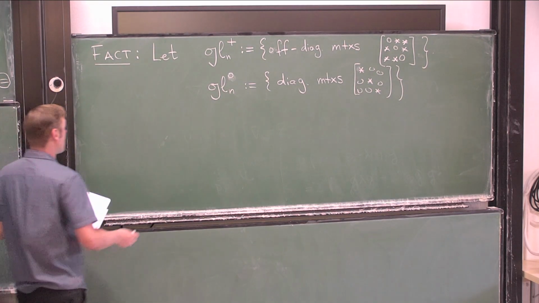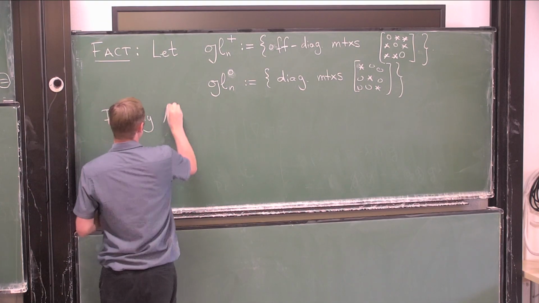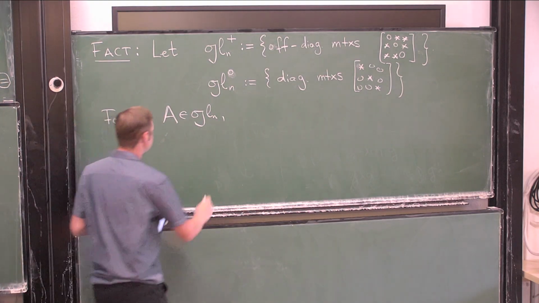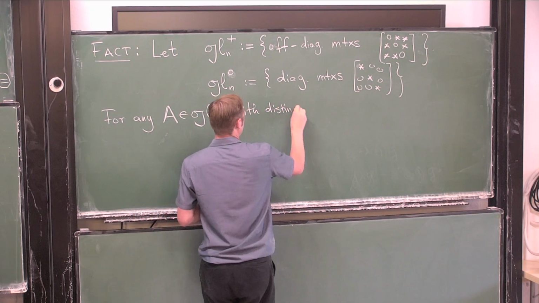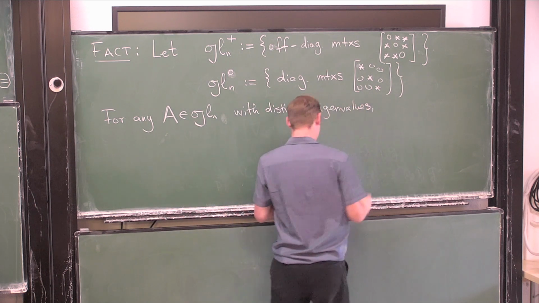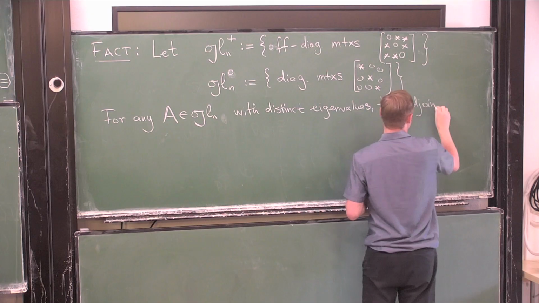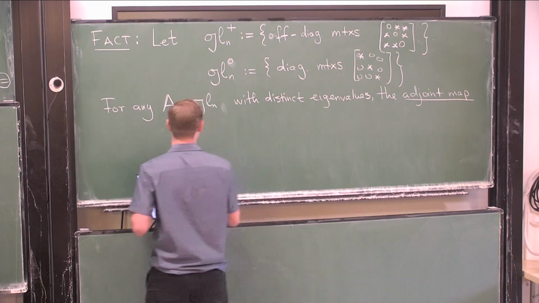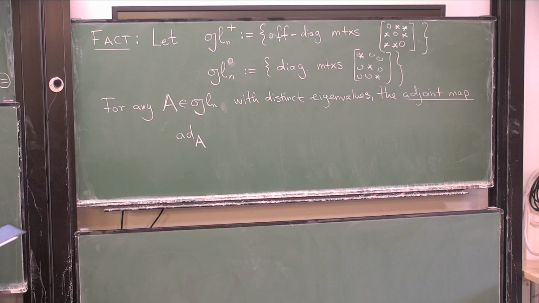And so the fact goes like this. For any n by n matrix A with distinct eigenvalues, that's the important assumption, the adjoint map, which is the commutator with A, usually denoted by little ad sub A. So what does this do?